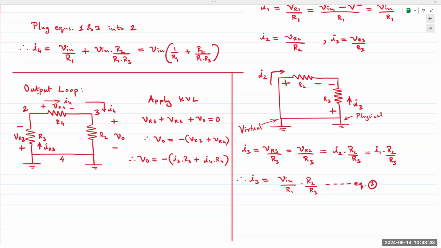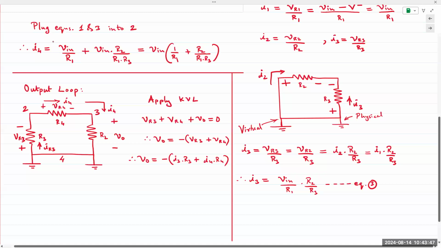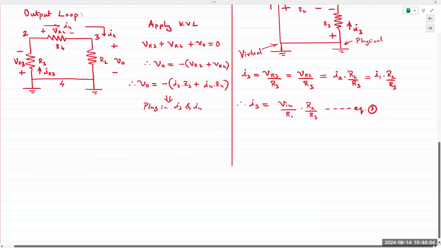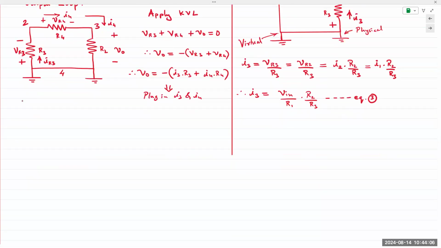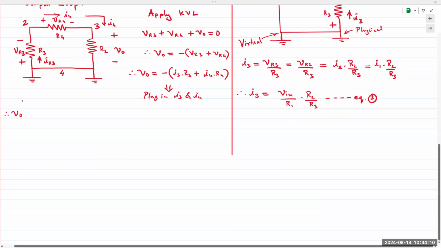We are simply going to plug those values into this expression. So at this point, plug in I3 and I4. I3 and I4 would give us, this is going to be a long equation.